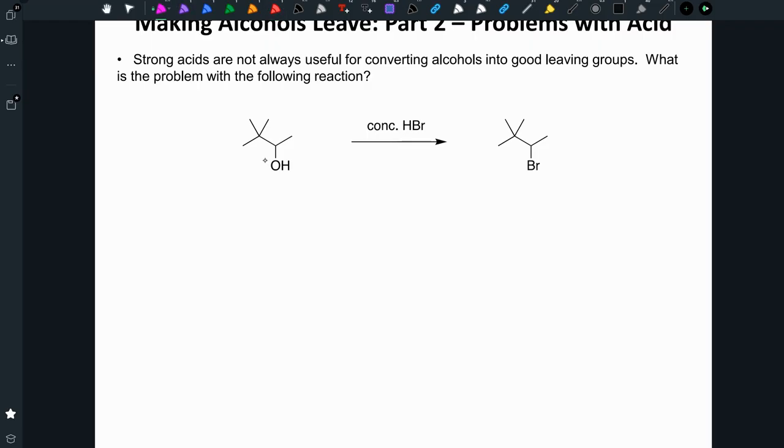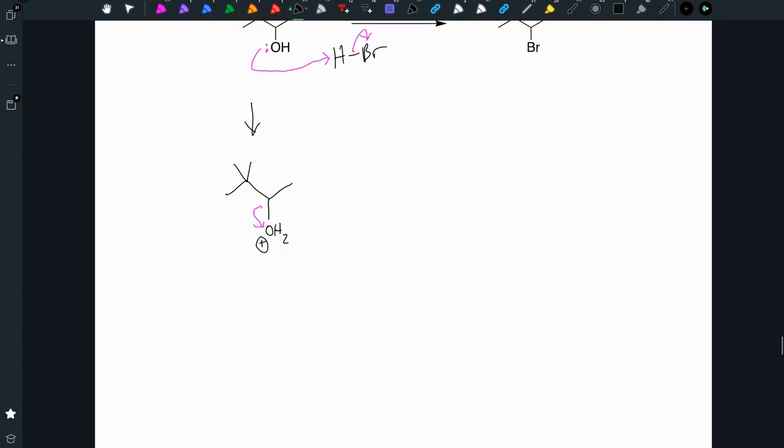So for example, in this next case, if I start with this alcohol and I add HBr, I can protonate. Now this is also a pretty sterically hindered molecule, so I'm unlikely to do SN2 here, but what I can do is an SN1. But now I have my secondary carbocation next to a quaternary center.